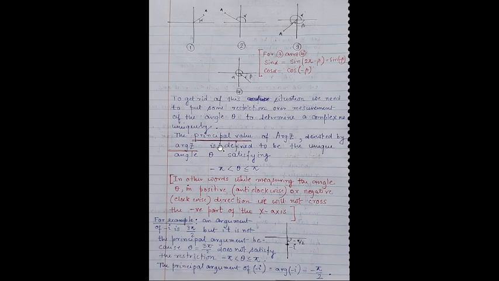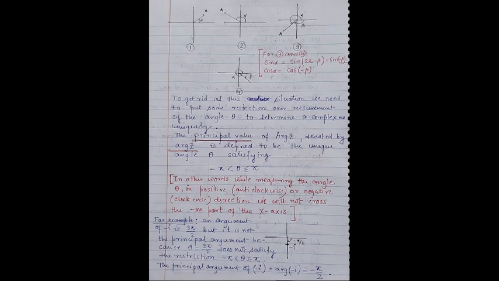So we don't need that. That's not desirable. So we look for something called the principal value of the argument of Z. Principal value is like the most elementary or the most basic value of this collection ARG of Z, the general argument of Z.